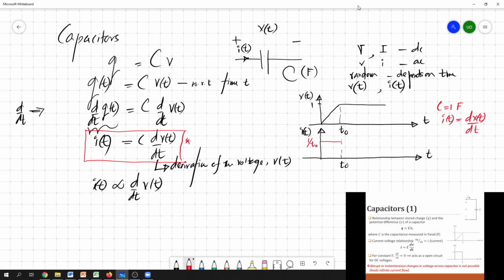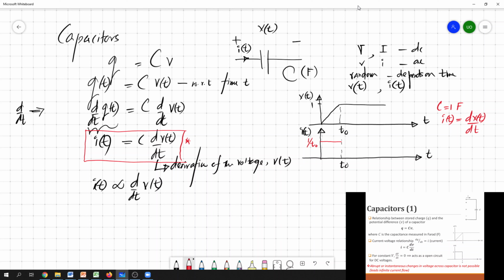So from t naught onwards, we have a fixed voltage. Then the derivative would be 0, because V(t) becomes a constant voltage of 1 volt. The derivative of the constant would be simply 0.